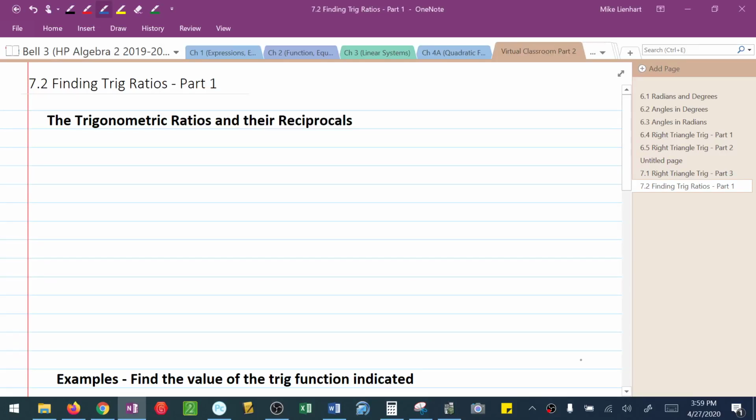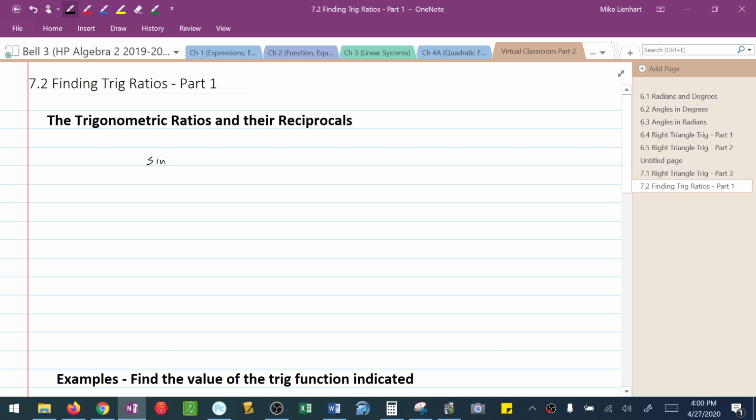This video is our beginning journey to finding trig ratios. We're going to start off with things that we know. For example, we know that in any given right triangle, we have the first three trigonometric ratios: sine, cosine, and tangent.